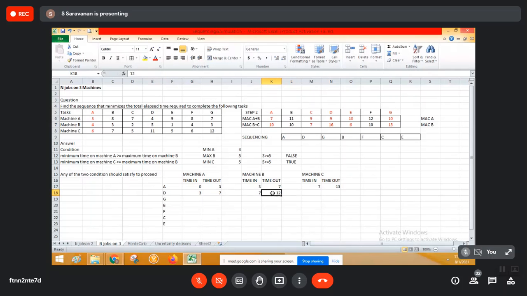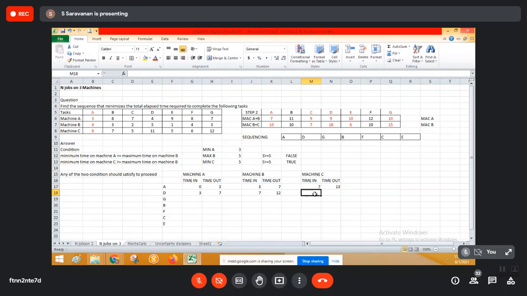Machine B has completed its activity at 12, but machine C is completing its earlier activity at 13. Can machine C take that activity at 12? Machine C is still working. It is completing the work of A at 13, so it cannot take the activity.